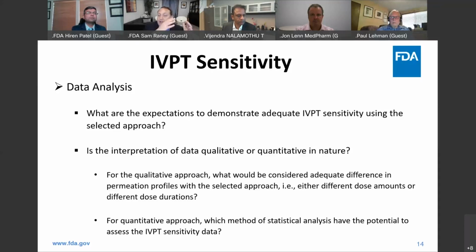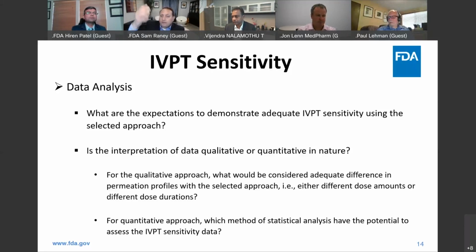Are you seeing that in your IVPT? Ideally, you can develop most methods in such a way that when the flux curves are compared, while maybe not across the entire curve, you'll have regions near Jmax where the curves are differentiated beyond their error bars, and you can say, okay, I'm seeing a discrimination here.